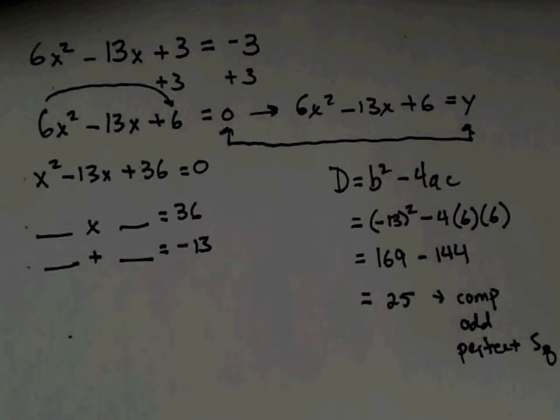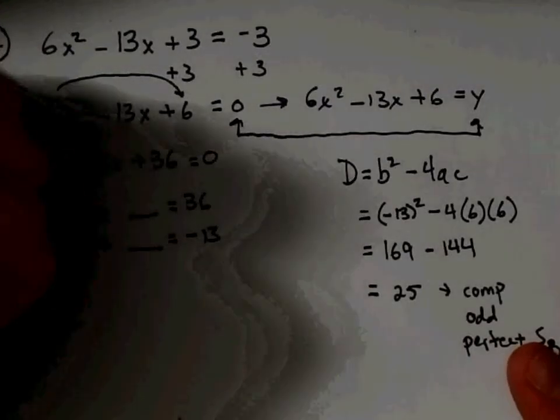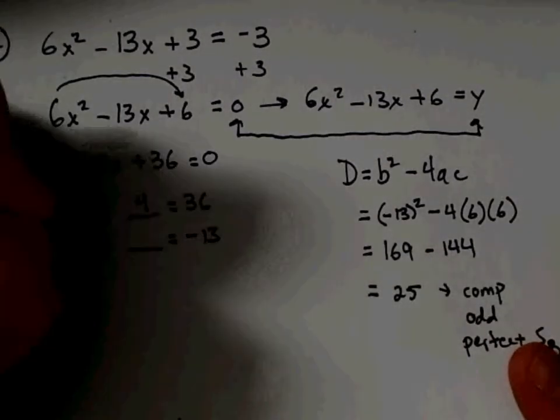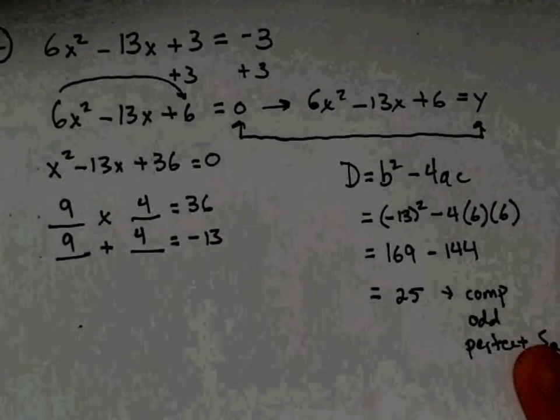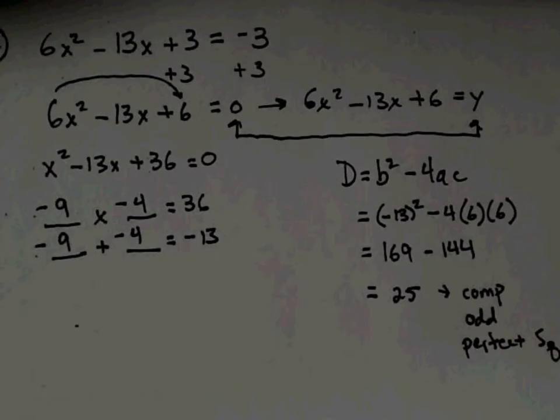Anybody got anything? 9 and 4. 9 and 4 do it. Okay, 9 and 4 give me 36. 9 and 4 give me positive 13, so I need both of them to be negative, right?